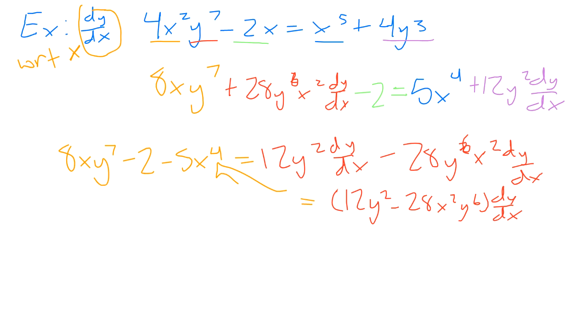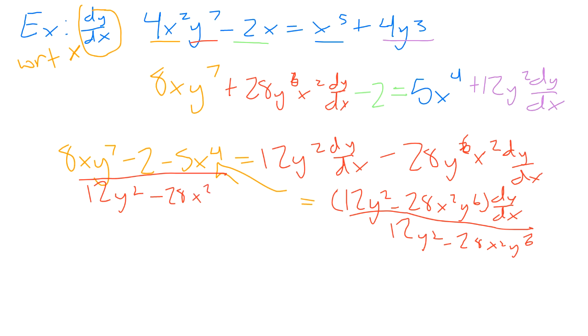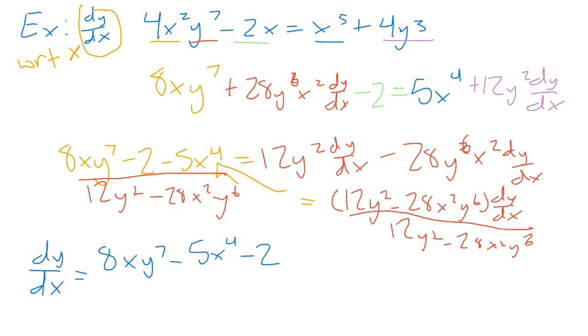So if we divide both sides by 12y squared minus 28x squared y to the 6th, you're going to be left with the final answer of dy over dx is equal to 8x y to the 7th minus 5x to the 4th minus 2 over 12y squared minus 28x squared y to the 6th.